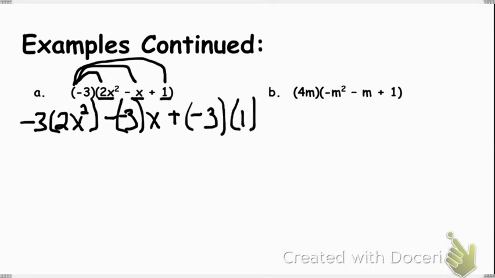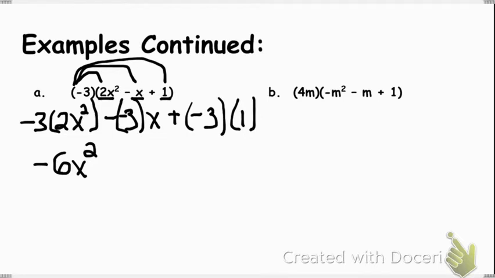So we've got negative 3 times 2x squared. The only variable there is the x squared, so it stays the same. We multiply the numbers together, so it's going to give me negative 6x squared. Then negative 3 times negative 3x, what I'm doing is subtracting negative 3x. But if we remember back to integers, subtracting a negative is the exact same thing as adding a positive.